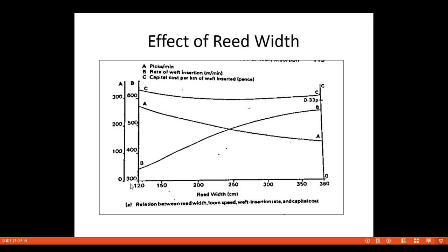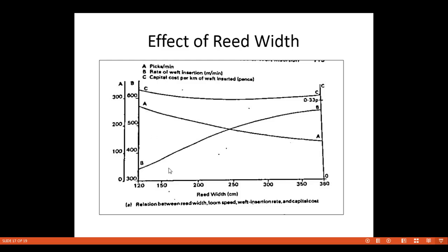Similar is seen here. As the width of the fabric increases, the RPM reduces or picks per minute reduces. Picks per minute means what? As the width increases, the machine reduces the speed and the amount of weft insertion per minute, that is picks per minute.